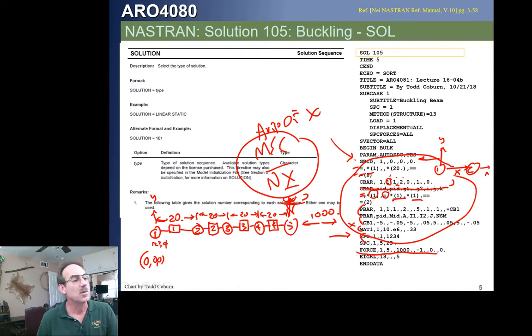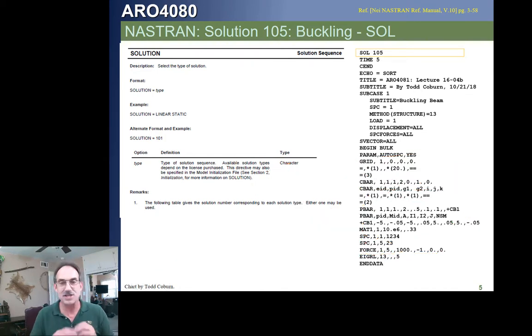Okay? So, with all that said, now that we see how replication was implemented, we can focus on the buckling solution. The buckling solution, remember back in Aero 3261, we learned about buckling of columns. And we learned that if we have a column, let's say a pinned column, and we put an axial load, we saw two ways.